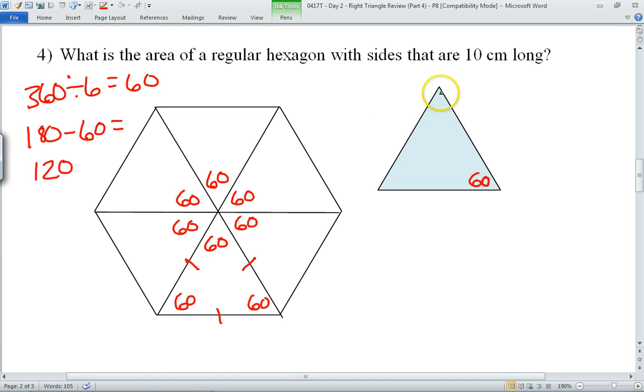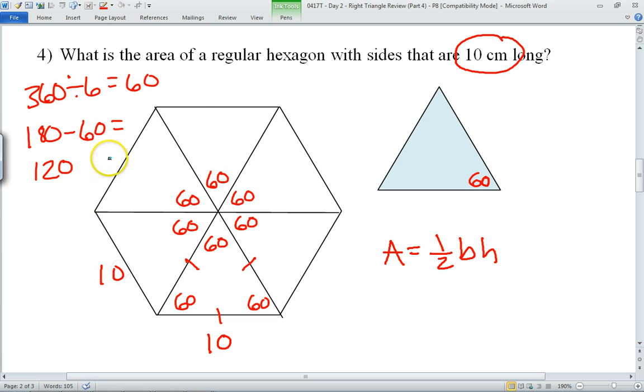Now, what if we dropped an altitude down the middle? So we found the height. Of course, the area of a triangle is 1/2 base times height. So, I already know what the base of this triangle is. Okay? Remember that all of these triangles, we have each side is length 10.